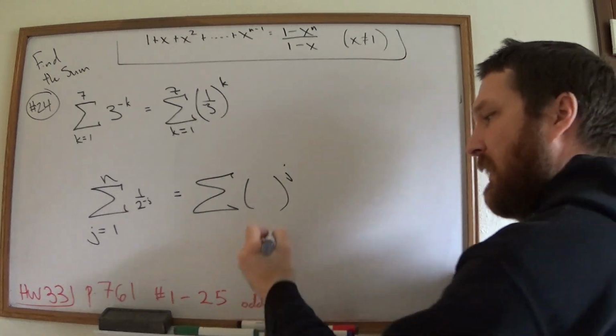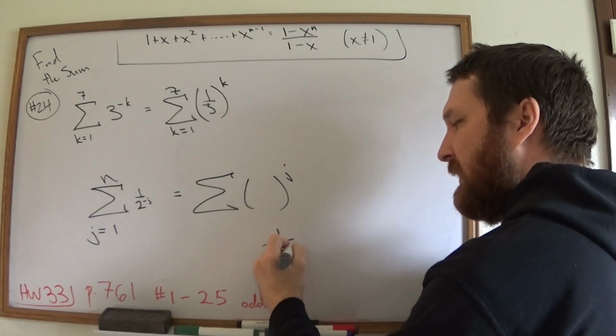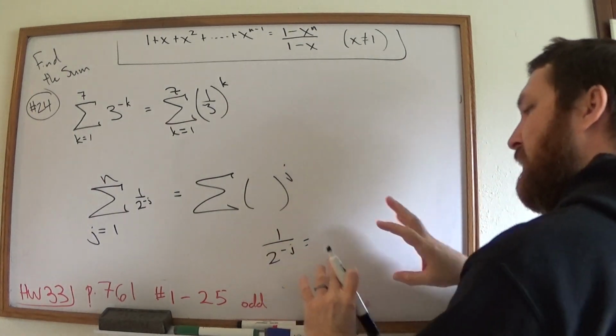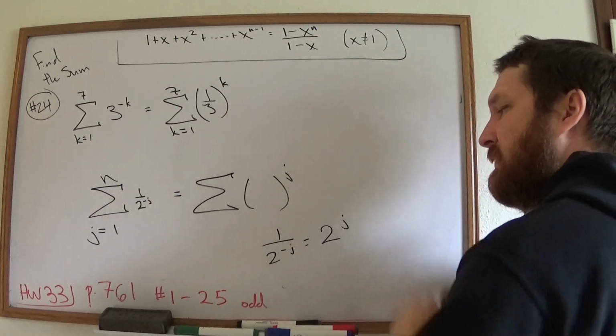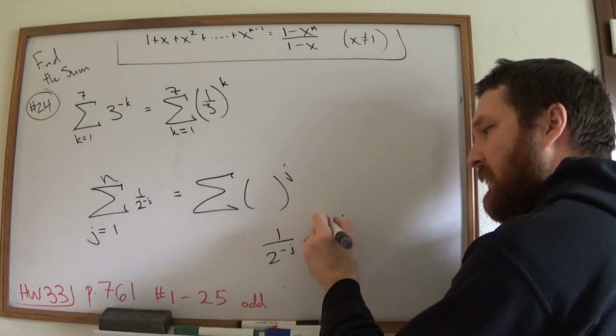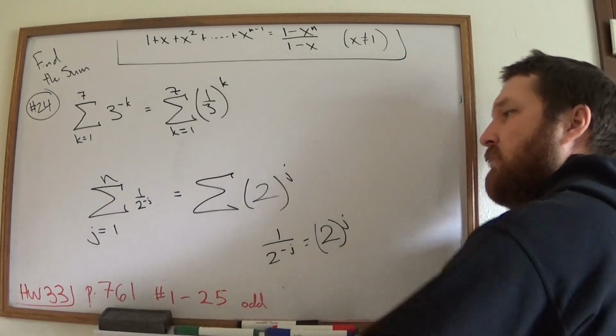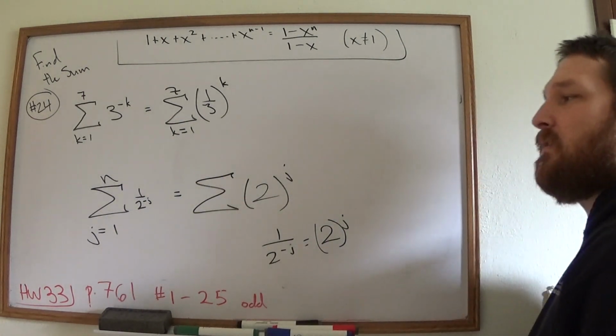In order to do that, I would say, well, 1 over 2 to a negative power is the same thing as flipping the sign and making it a positive power, so I could rewrite that as what I want, 2 to the j.